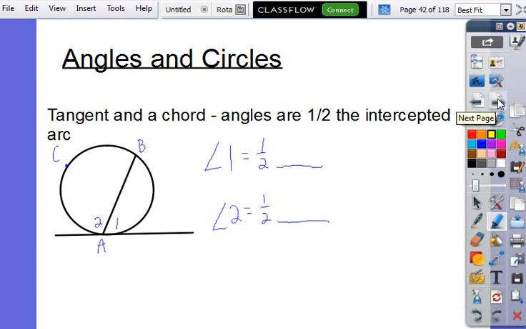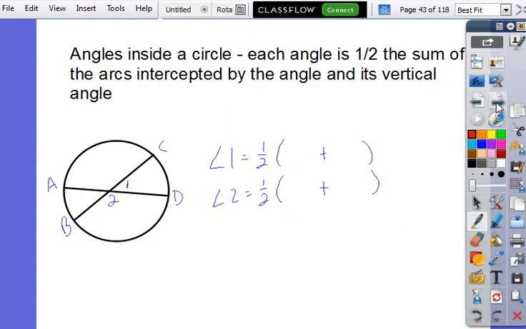This rule: angle is half the arc. So angle 1 is half of AB. Angle 2, half of BCA. Here, the angle is half of the first arc that it makes and the one that's vertical.